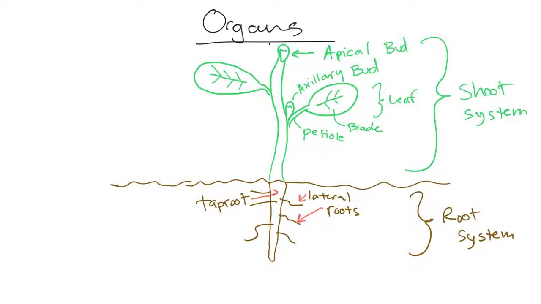Now where the leaf grows, okay, this part is called the node. Okay, here's another node here where the leaf is growing out. So that means this section between the nodes is called the internode.